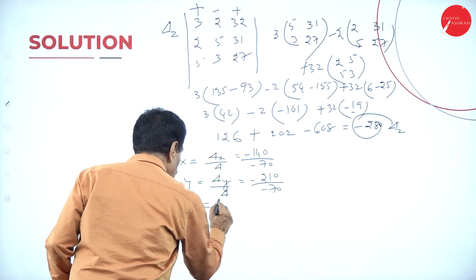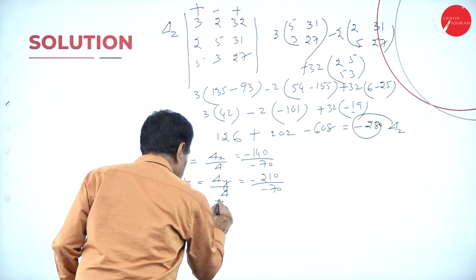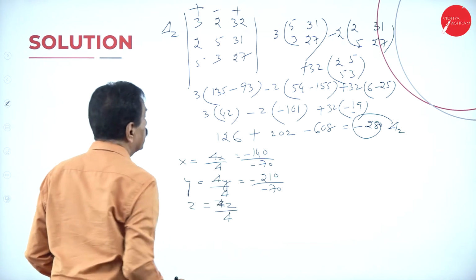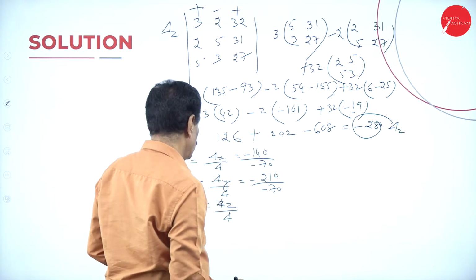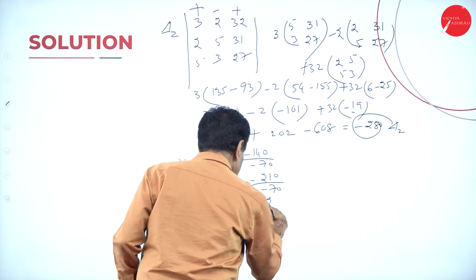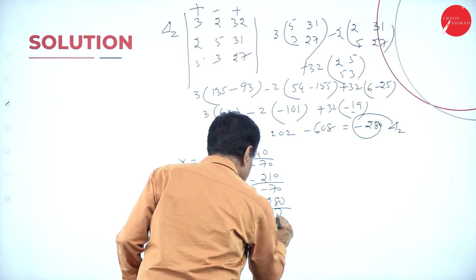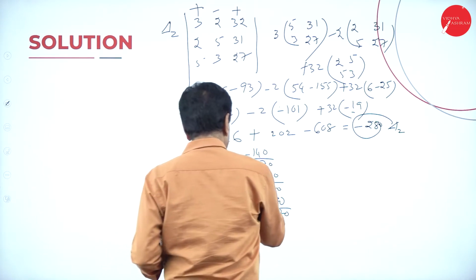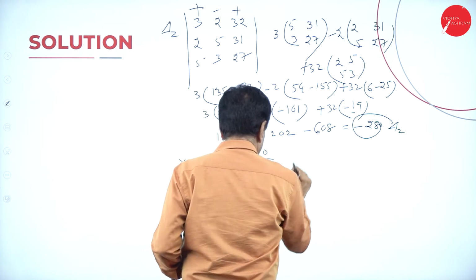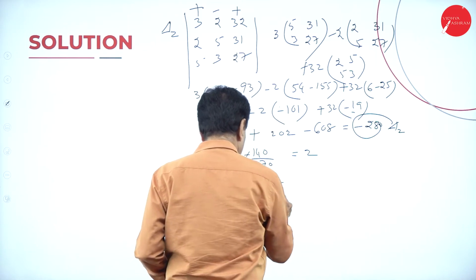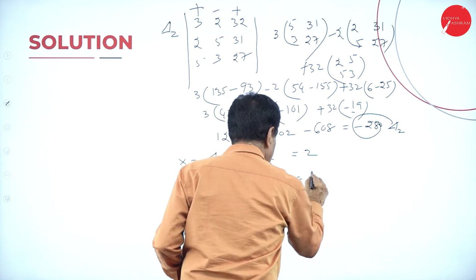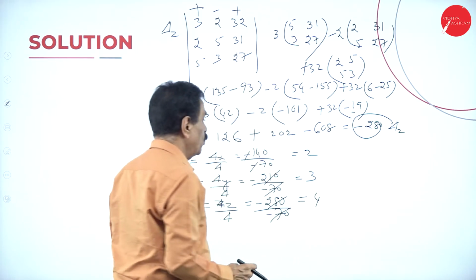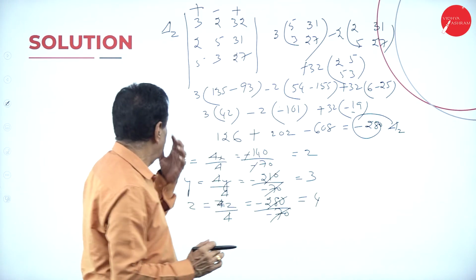Z is equal to delta Z divided by delta, minus 280 divided by minus 70. Come back to first one. Minus minus cancelled out. So this is 2. This is 3. This is 4. So 2, 3, 4 is the answer.